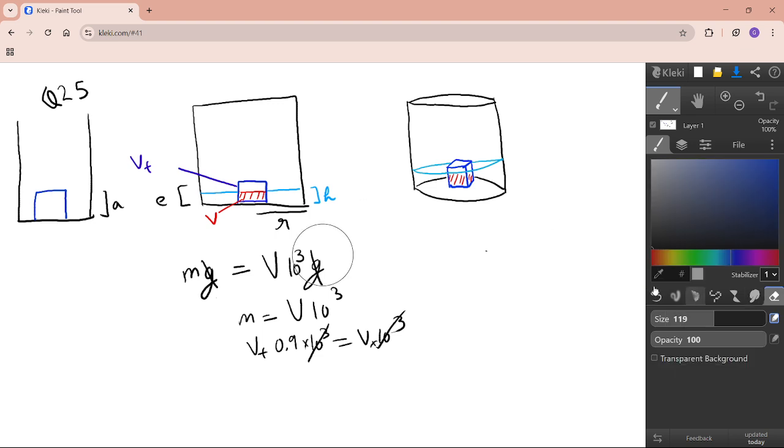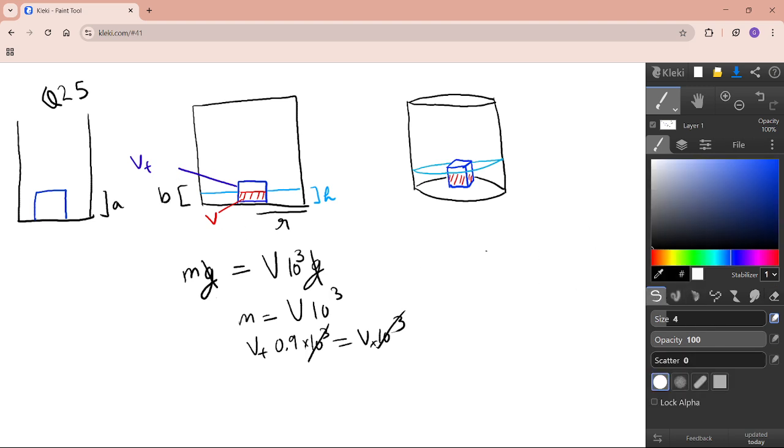Now we have assumed it's e, but I'll rather say it's b. So the volume total is b cube, since it's a cube, times 0.9.